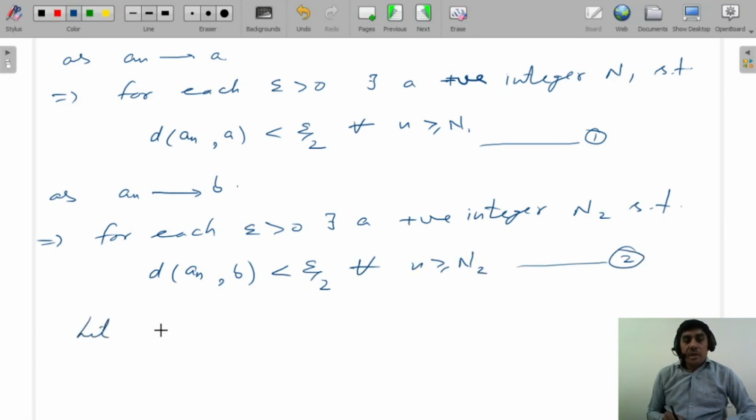Let capital N be equal to the minimum of N1 and N2.